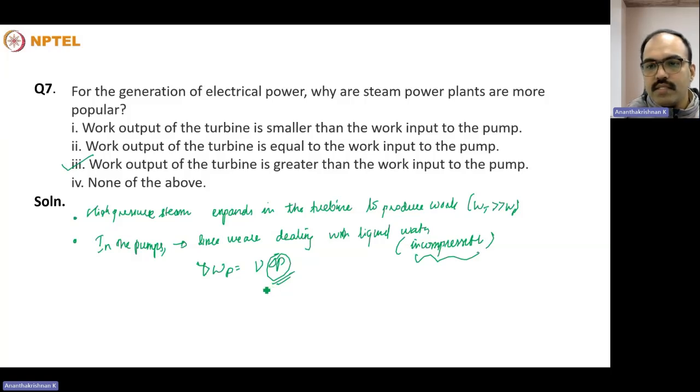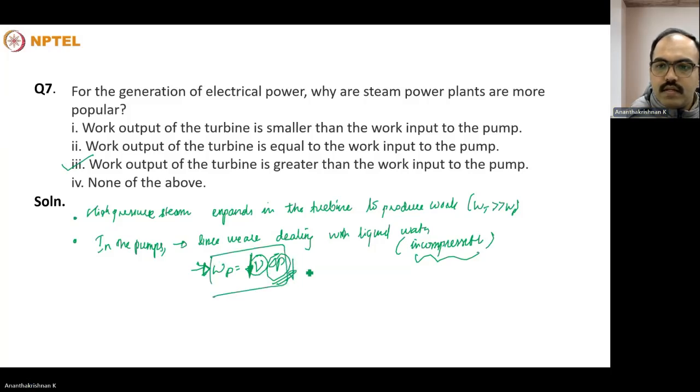The liquid can be pressurized by providing very little work because the specific volume is very small, compared to a gas, because of high density. There will not be a change in the specific volume in the first place, and the total quantity will be very small compared to the turbine.